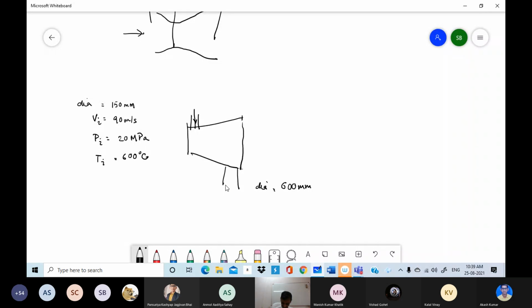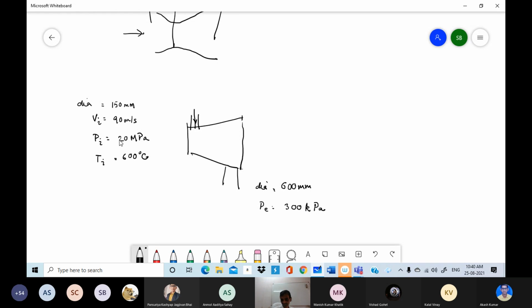Assuming that the steam flows steadily through the turbine, calculate the following quantities: inlet steam density, mass flow rate of steam through the turbine, and exit steam velocity. So here we are given the pressure. It was 20 megapascal, now it is 300 kilopascal, which means it is 0.3 megapascal.